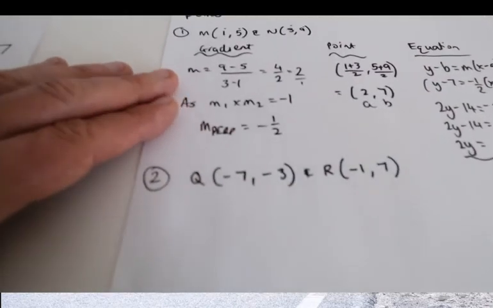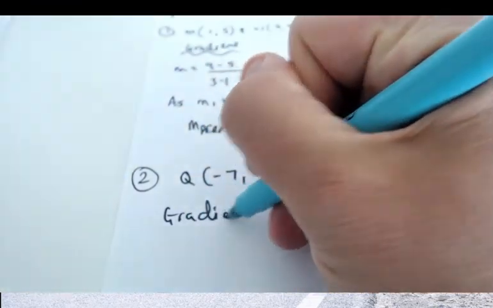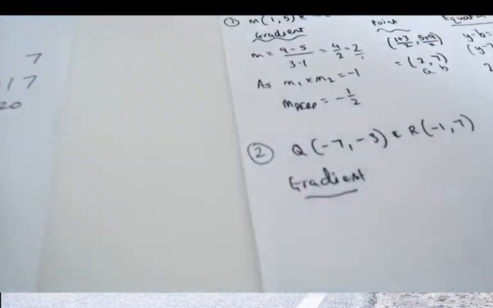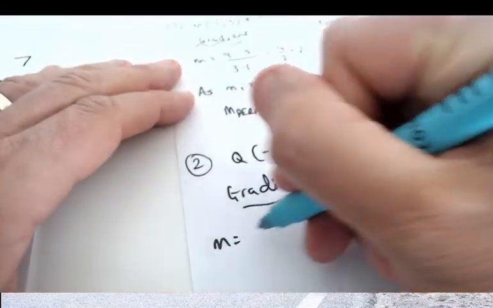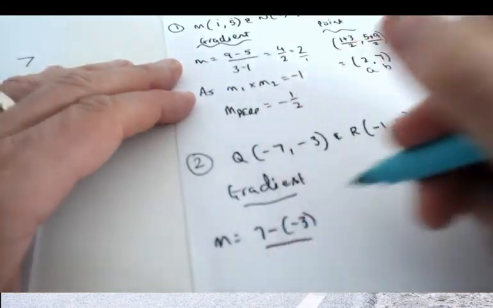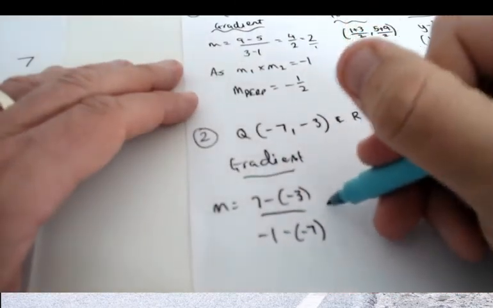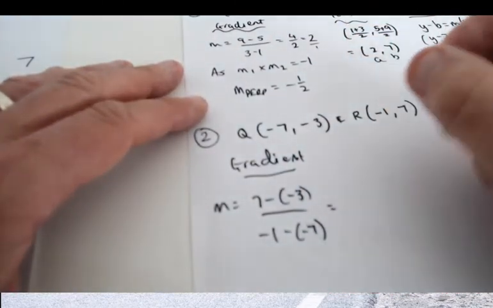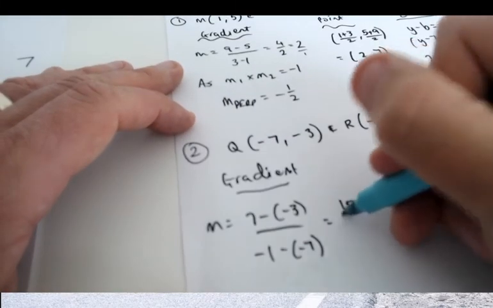Question 2. Again, I want my gradient. So it's going to be 7 take away minus 3 over minus 1 take away minus 7. Again, really important you don't muck up your negative numbers work here, folks. So 7 take away minus 3 is going to give me 10.